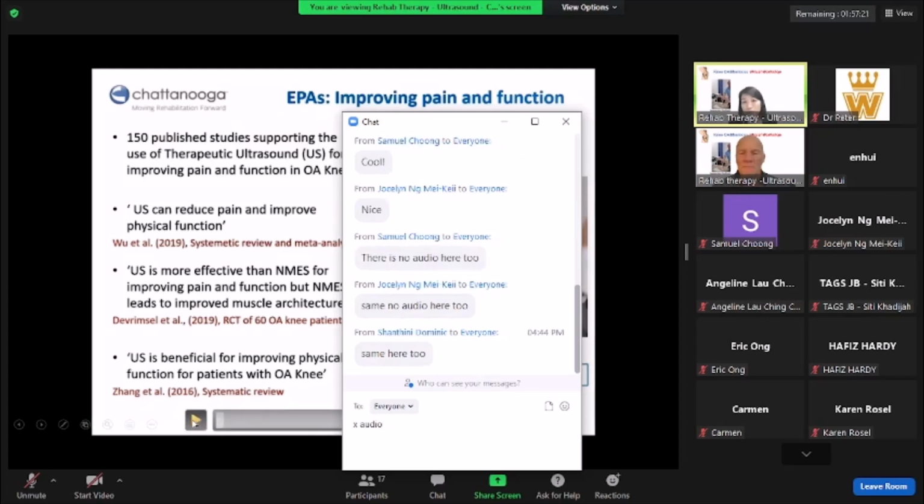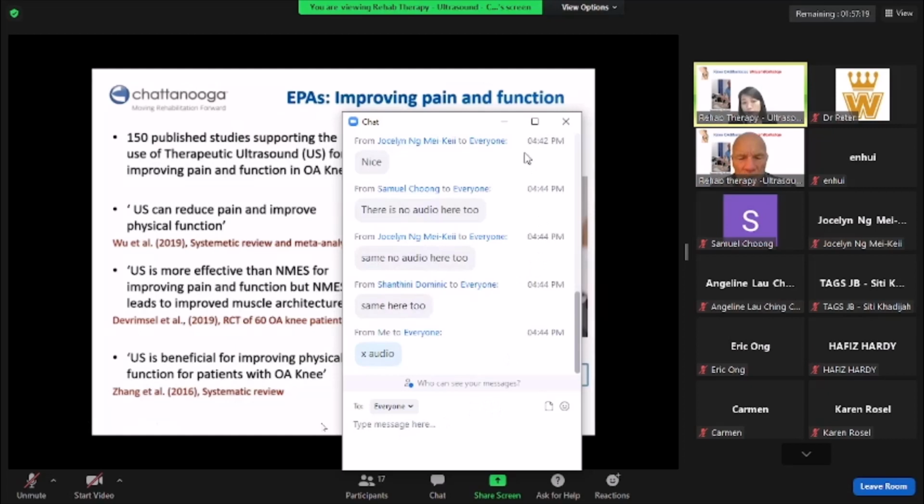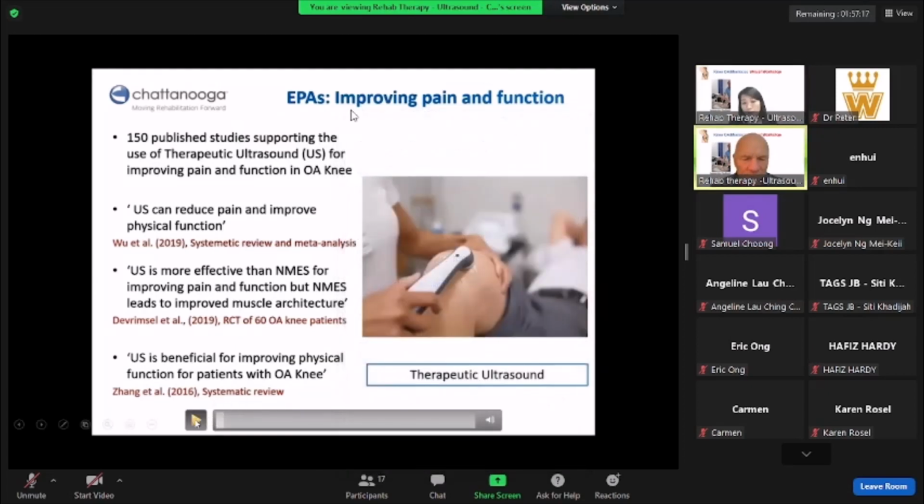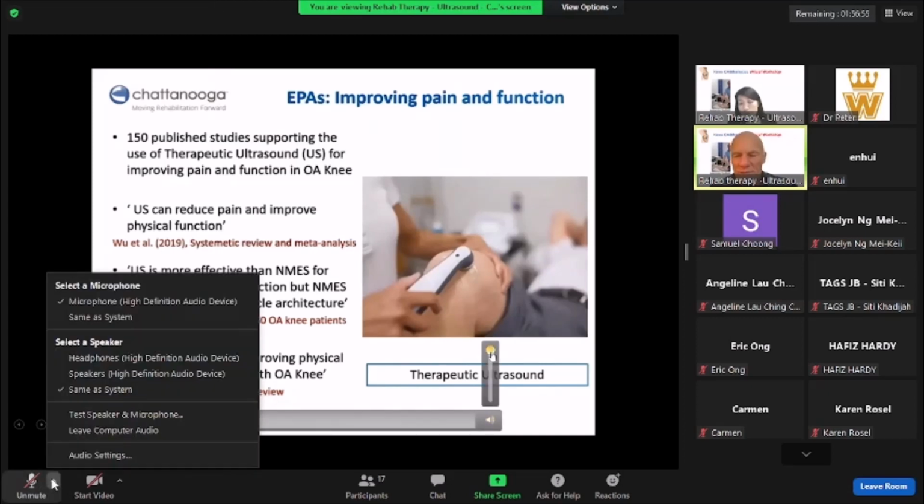Cliff, can you hear the sound? Press play. No. No. Press on the speaker button again, because sometimes it mutes and you have to press on it.